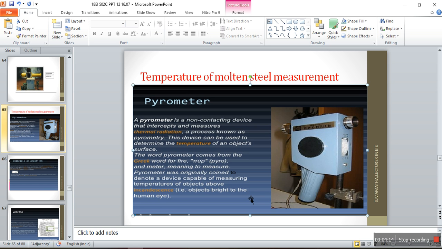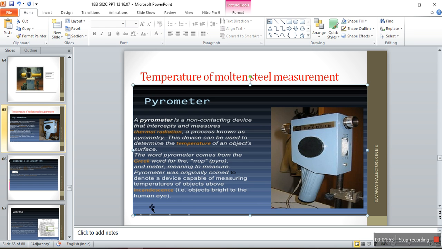The word pyrometer comes from the Greek word for fire, pyro, and meter means measure. By combining these two words, we get pyrometer. The pyrometer was originally coined to denote a device capable of measuring the temperature of objects above incandescence, that is, objects bright to the human eye.